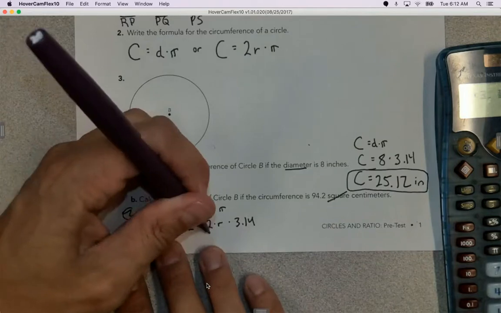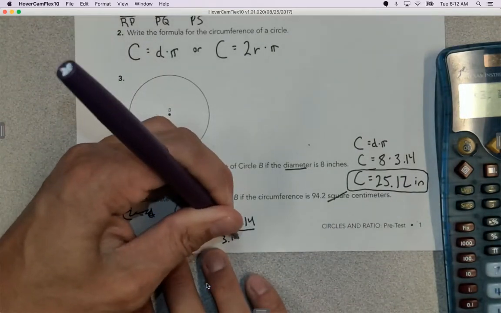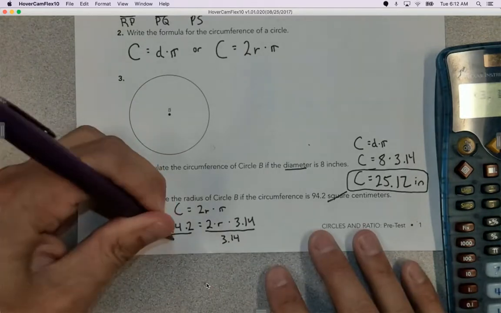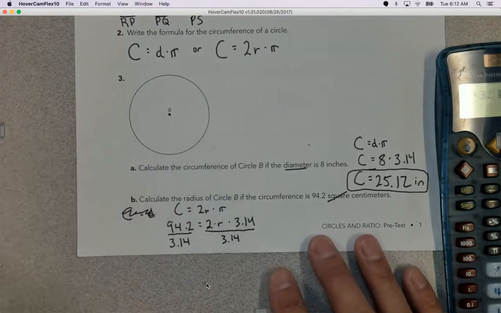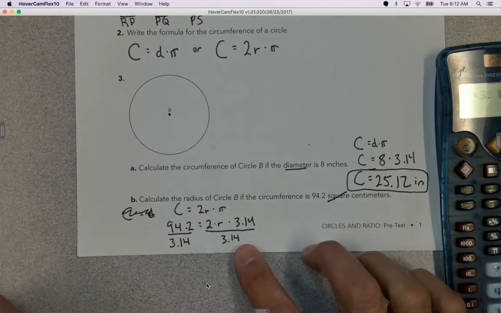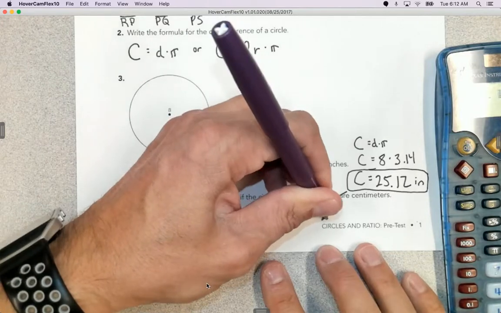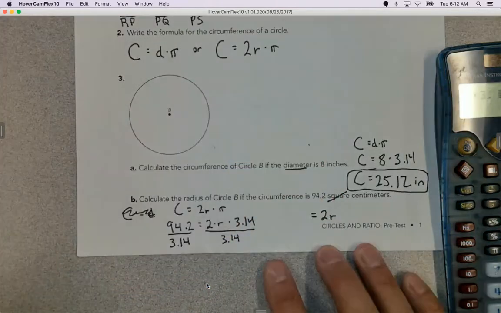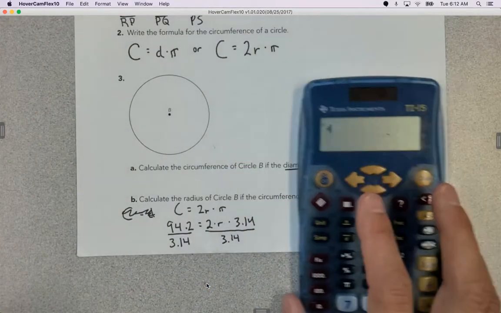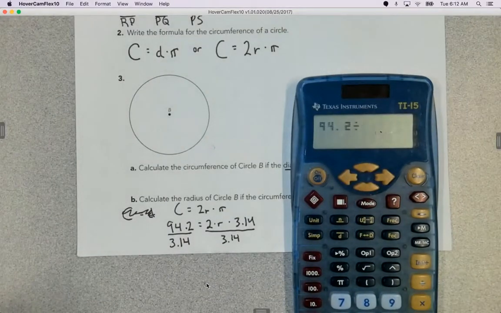Okay. I want to get r all by itself, so I know what the radius is. So I start by dividing this side by 3.14. I would divide the other side by the same thing to keep everything balanced. 3.14 divided by 3.14 is just 1. And so on the right side of the equation, I would have 2r, or 2 times the radius. And then on the left-hand side of the equation, I would have 94.2 divided by 3.14.